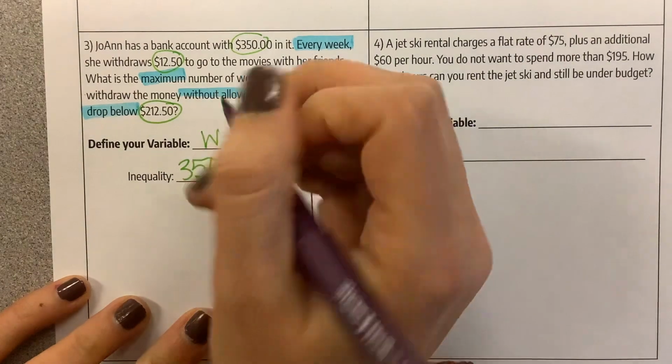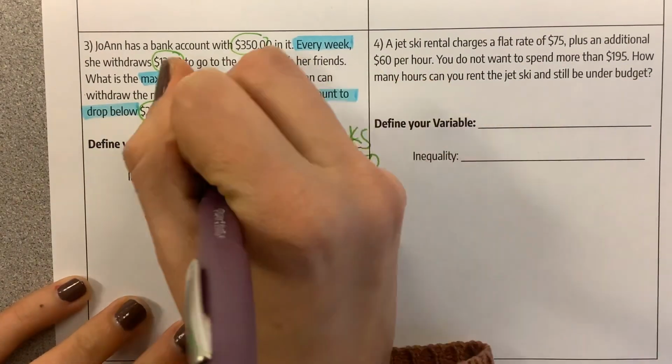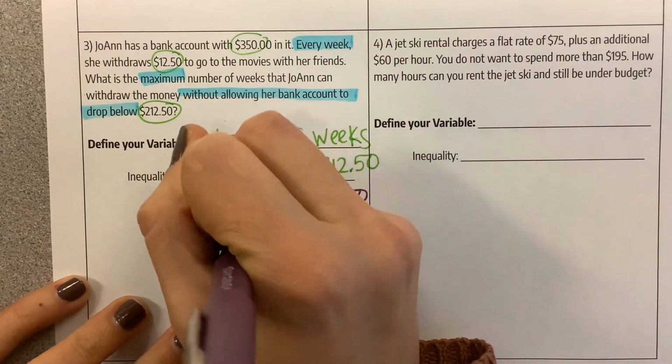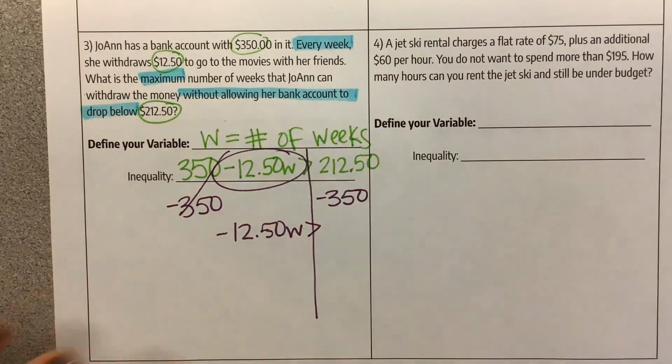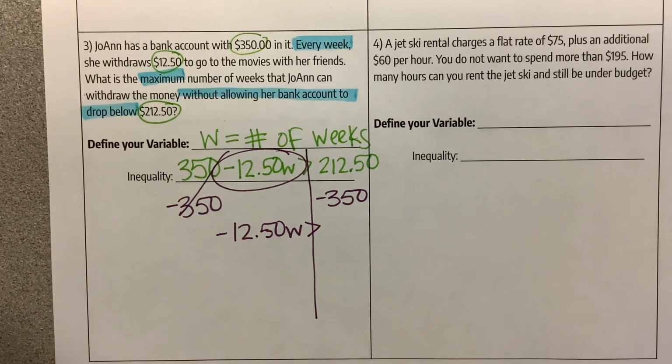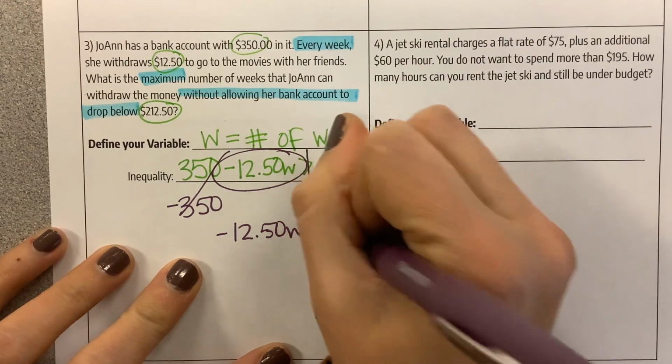Now we can solve. If we have $350, we're subtracting that from both sides. I'm left with negative $12.50W is greater than $212.50 minus $350, which is negative $137.50.